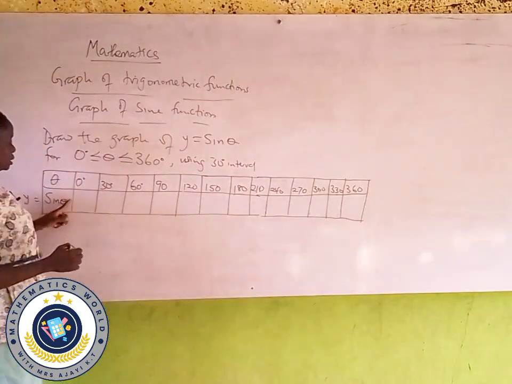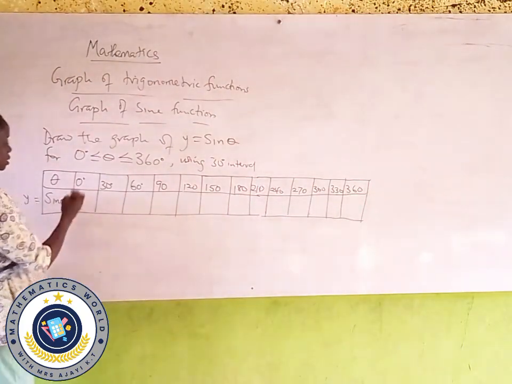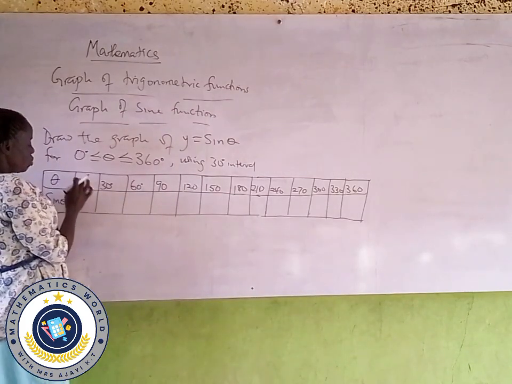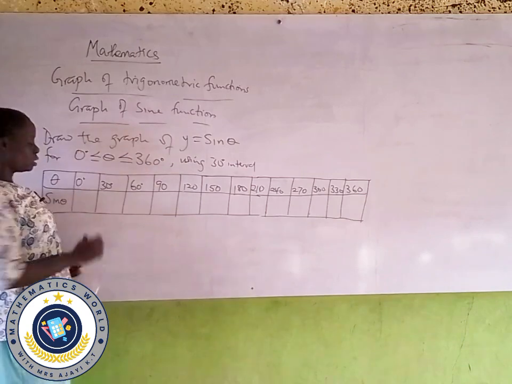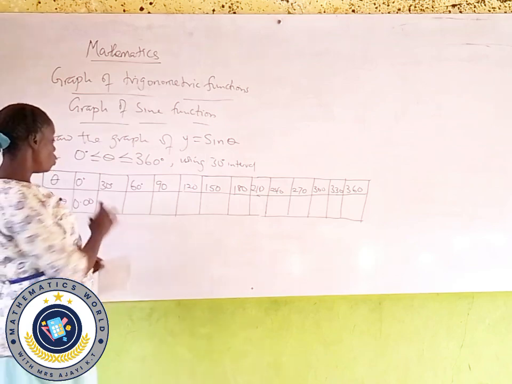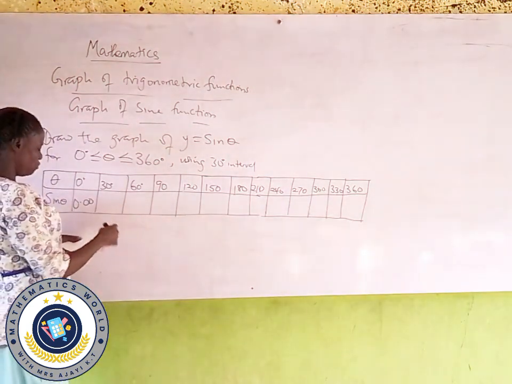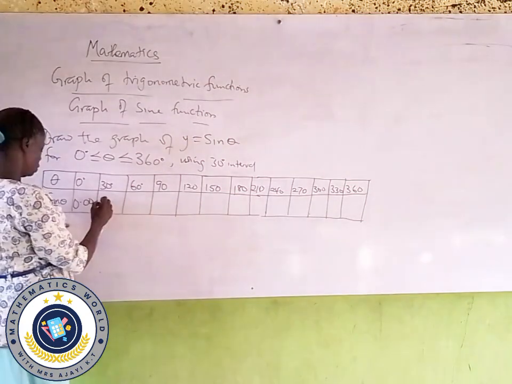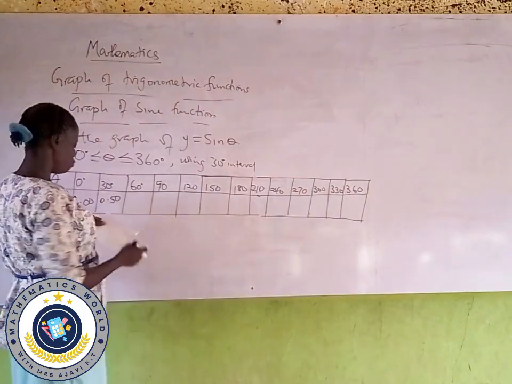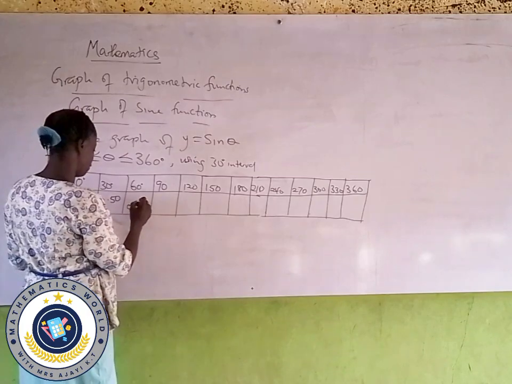Now, when theta is equal to 0, then what is sine 0? If you press your calculator, when theta is equal to 0 degree, sine 0 will be 0.00. We are approximating whatever we are getting here to 2 decimal places. So sine 30 will give you 0.50. Pressing your calculator, you get sine 60 to be 0.87.